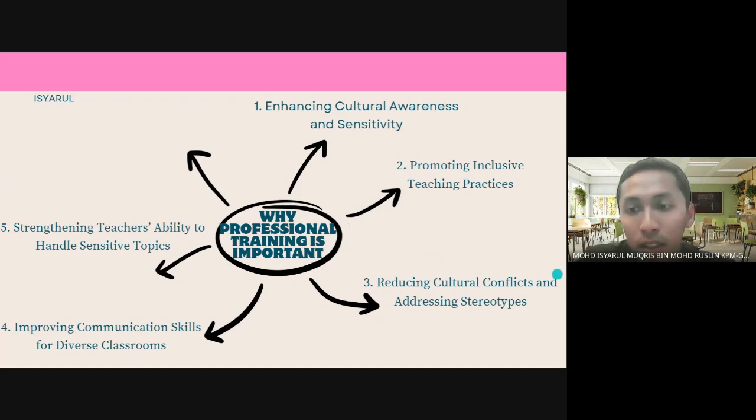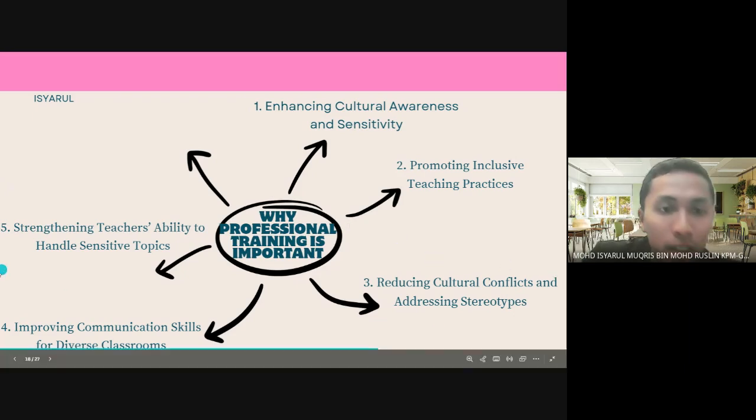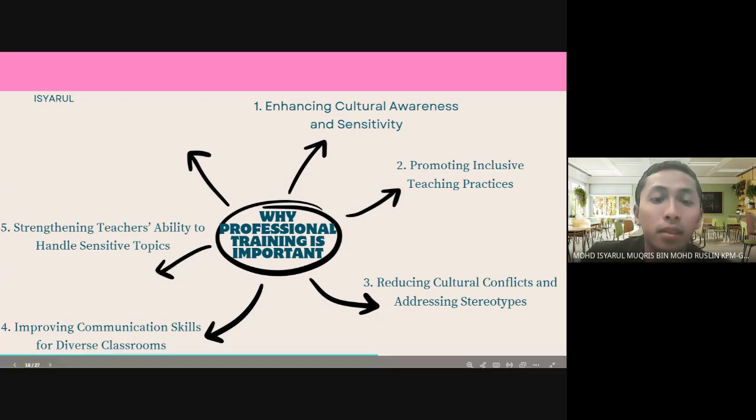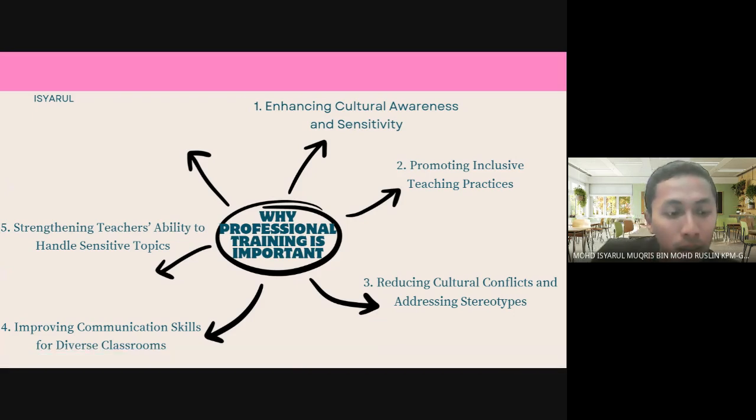And the fifth one is strengthening teachers' ability to handle sensitive topics. Discussions about races or religions can be sensitive, but they are important in a multicultural classroom. Therefore, by training the teachers, it equips them with the strategies to facilitate respectful and open discussions.